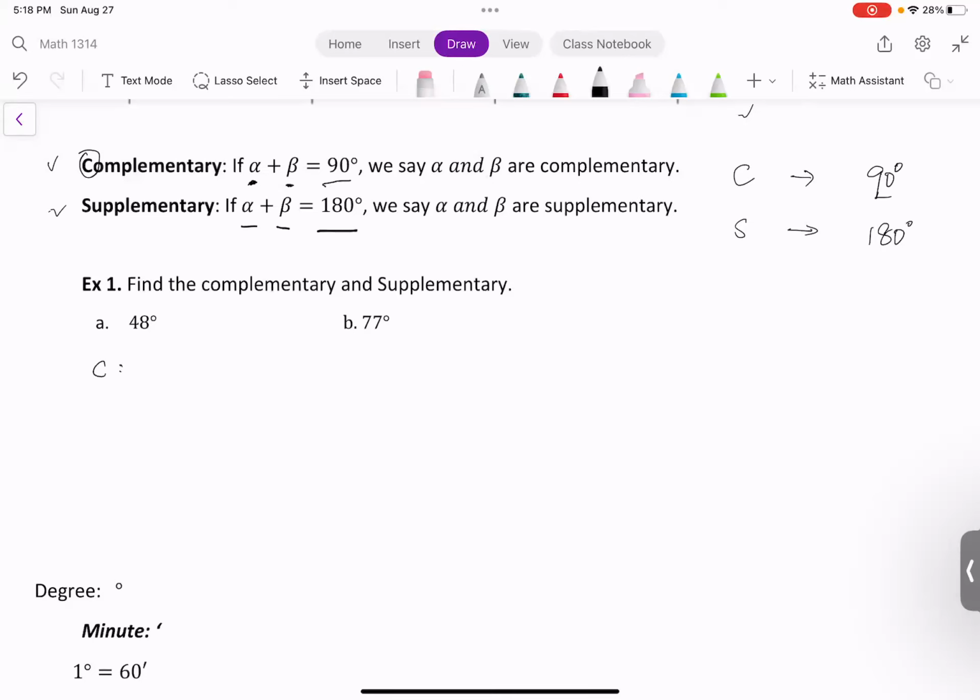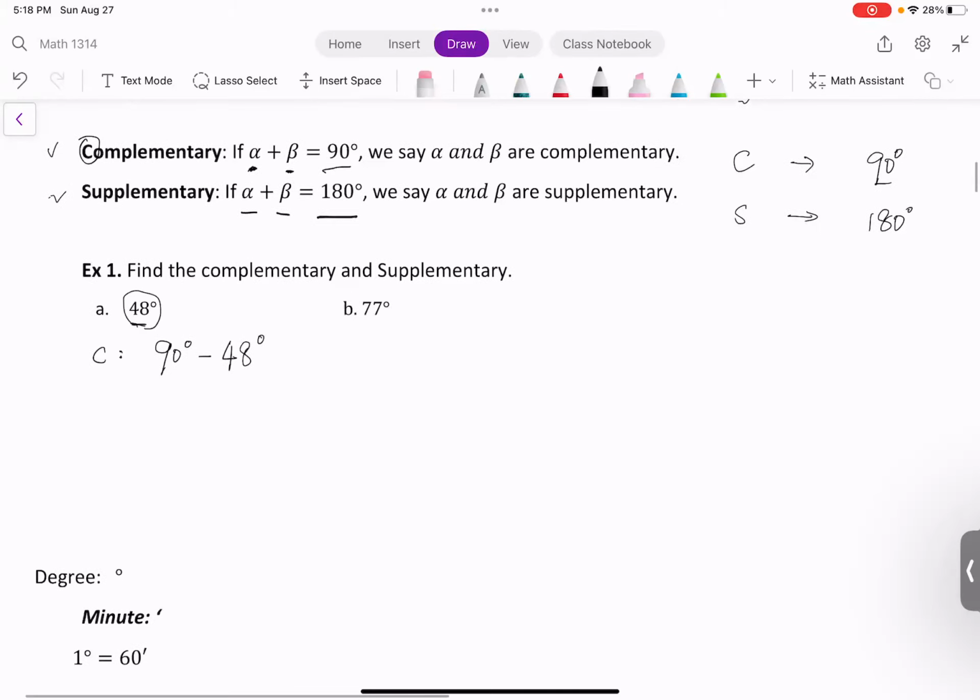Complementary means alpha plus beta equals 90. So the complementary of 48 means use 90 degrees, subtract 48 degrees. That is the complementary of 48. So we say this is alpha, and I'm looking for its beta. So use 90 minus alpha.